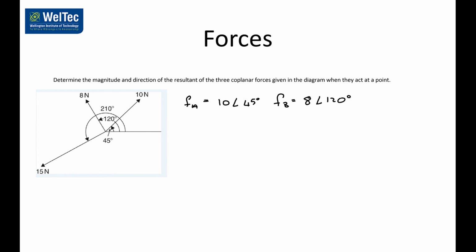And force C is equal to a length of 15 at 210 degrees. And the total force is going to be them all added up together. So it would be 10 angle 45 plus 8 angle 120 plus 15 angle 210.